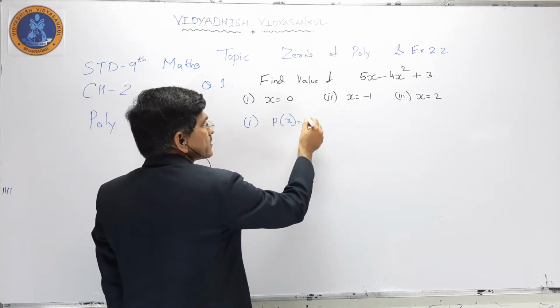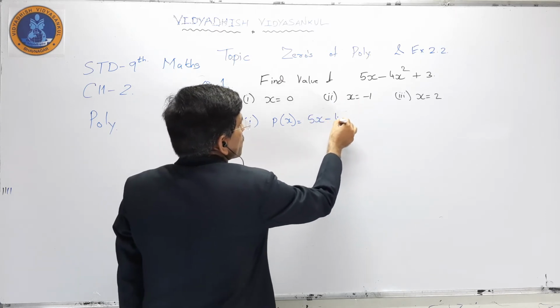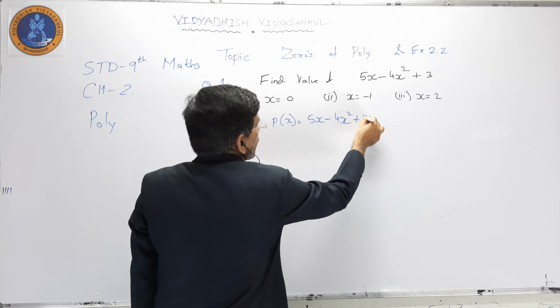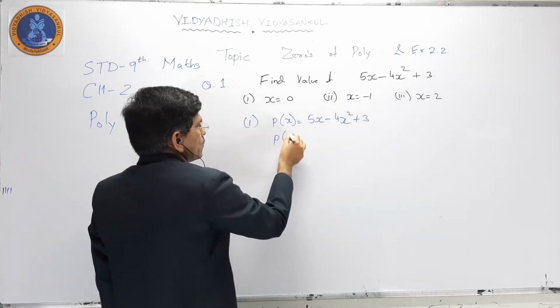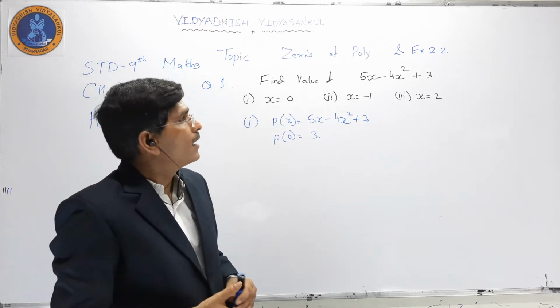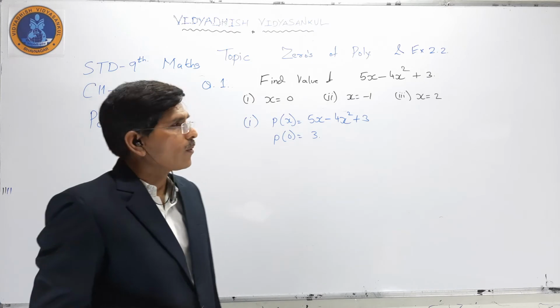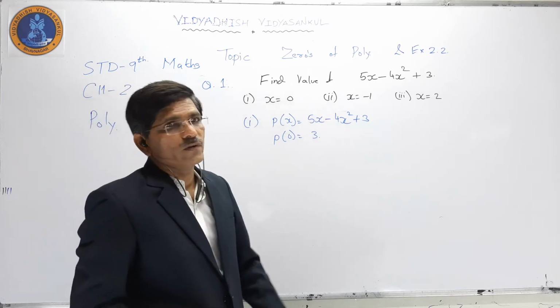So p of x is 5x minus 4x square plus 3. Now p of 0, we already got the answer 3. Now minus 1 and 2.